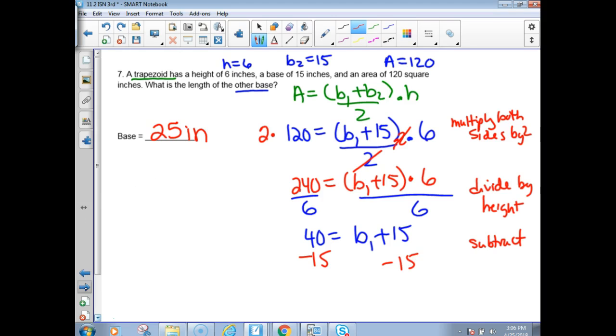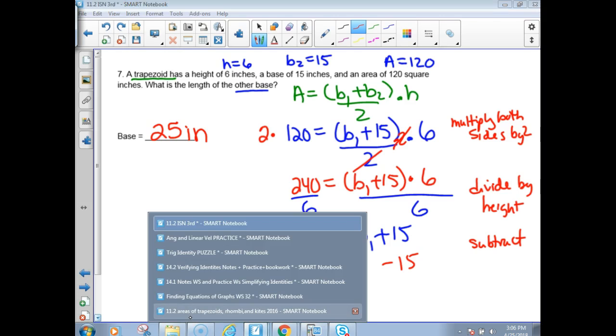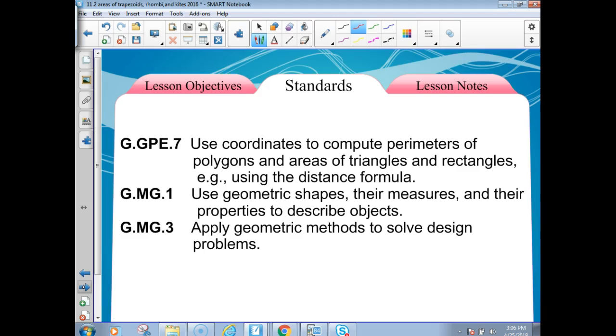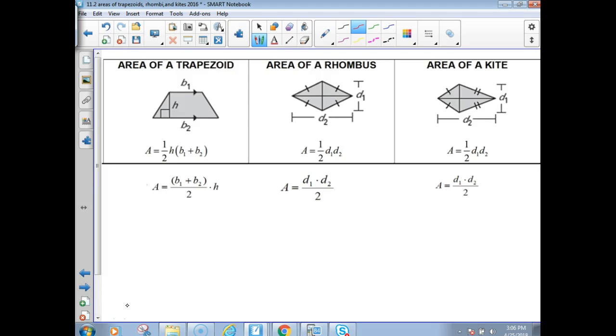All right, there's going to be one in our assignment, which is the last one in our notes here. And that would be next. We were going into the packet. What is next? And there's your formulas again at the top of the page.